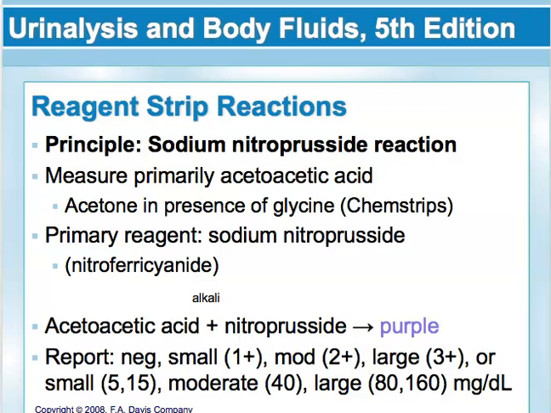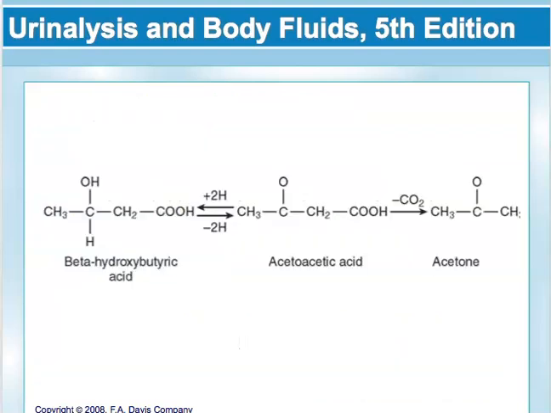The test does not measure beta-hydroxybutyric acid at all and is only slightly sensitive to acetone when glycine is present, so that would be in the chem strips. However, because these compounds are derived from acetoacetic acid, their presence can be assumed so that it would not be necessary to perform tests for the individual compounds.